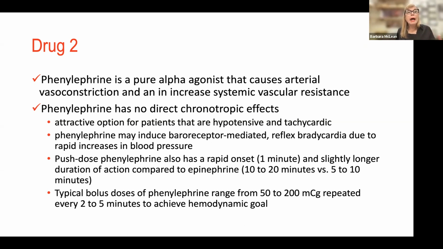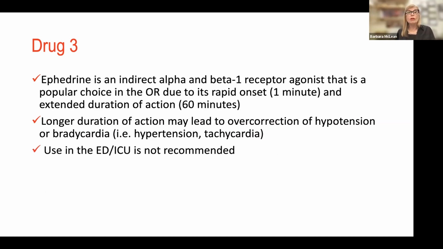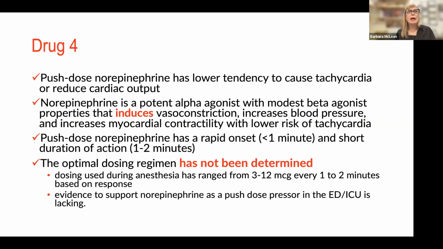However, it can actually cause some reflex bradycardia, which can be very concerning for us with those patients. Has a rapid onset, longer duration of action, usually up to about 20 minutes. And we're going to give 50 to 200 mics repeated every 2 to 5 minutes to achieve a goal, up to typically 500 mics. Ephedrine, we're not going to use in the ED or the ICU.